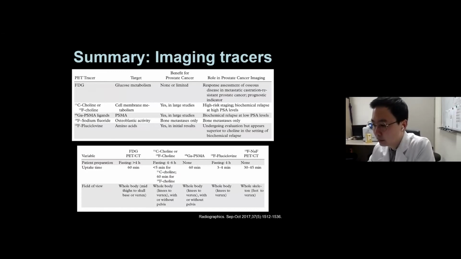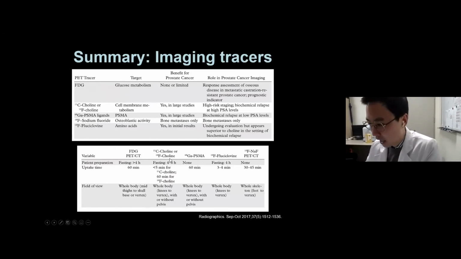To apply these images, you might need to know their characteristics and their role. But comprehensively, in summary, it has mostly been reported that PSMA had better detection performance compared to other imaging agents. But fluciclovine, because of its non-bladder uptake, might have better performance for detecting intrapelvic or prostate bed lesions. Another point is that there is a significant difference in the imaging protocols.